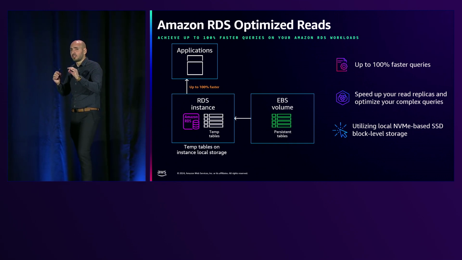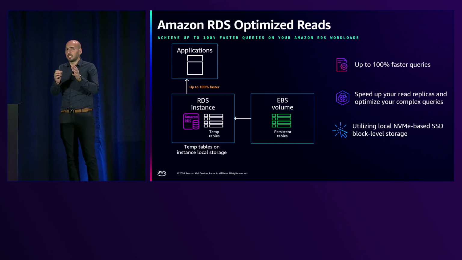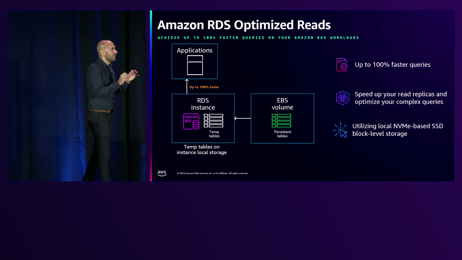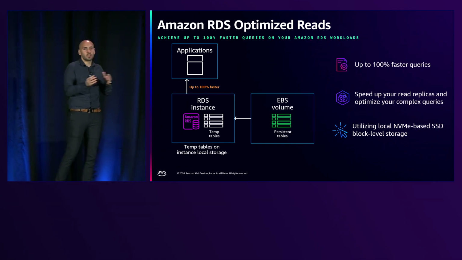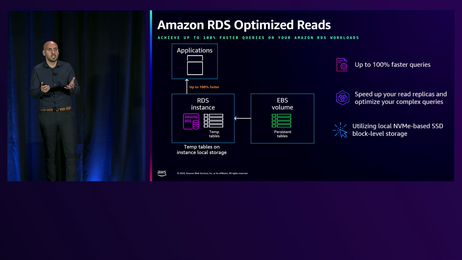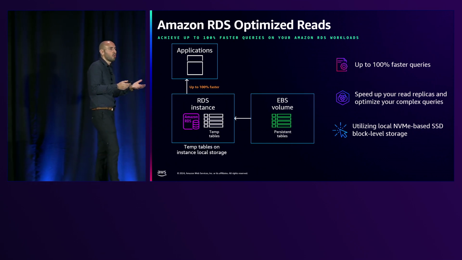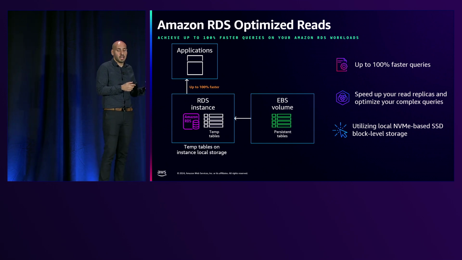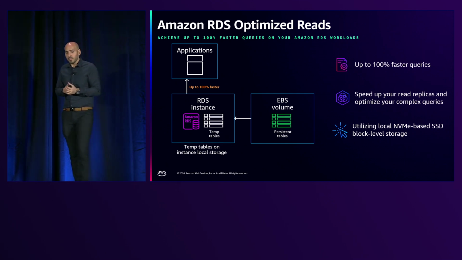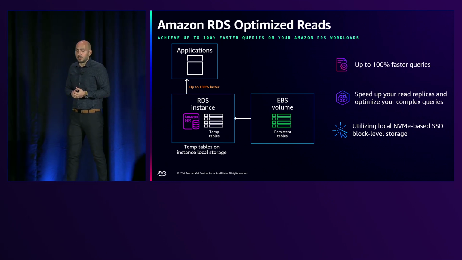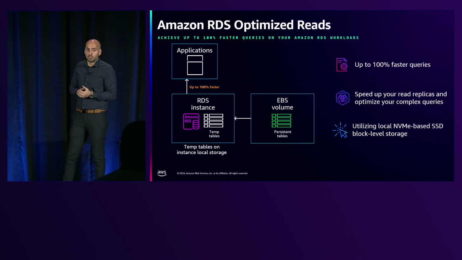Instead of writing those temporary objects, which are needed to store intermediate results of sort or group for queries, they store them in these local NVMe SSDs. That requires you to use an instance that supports this type of local NVMe SSD, like R6GD. And in our case, by using optimized reads, we managed to address this issue.